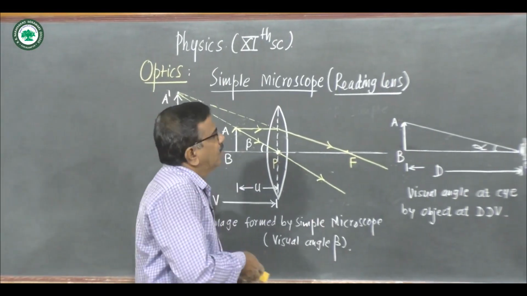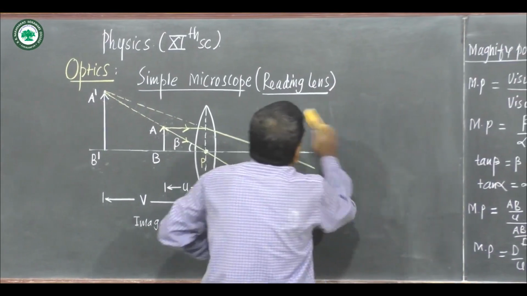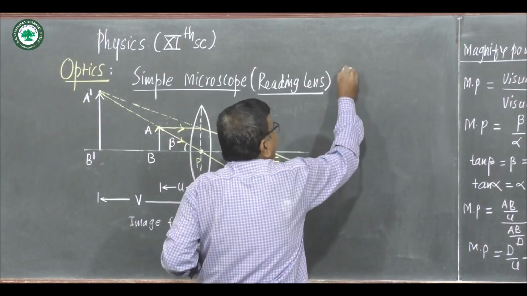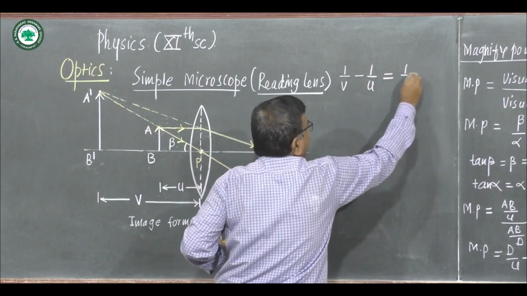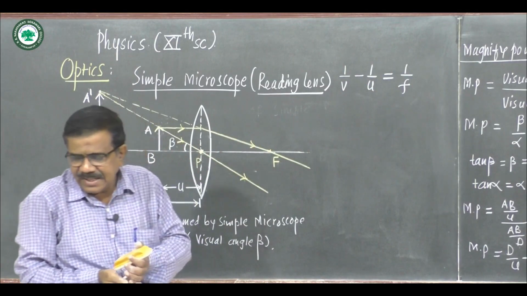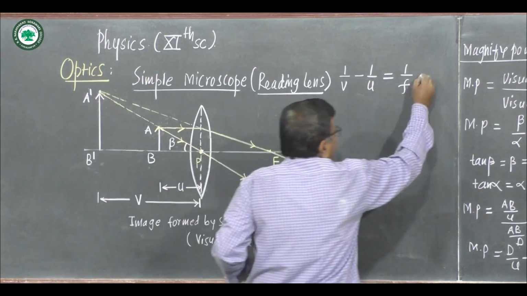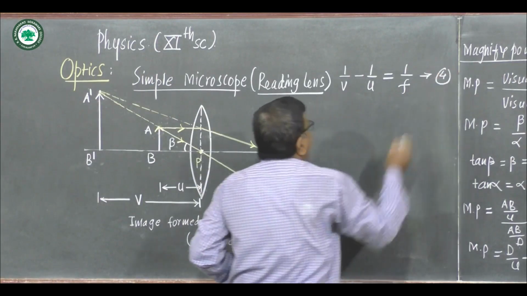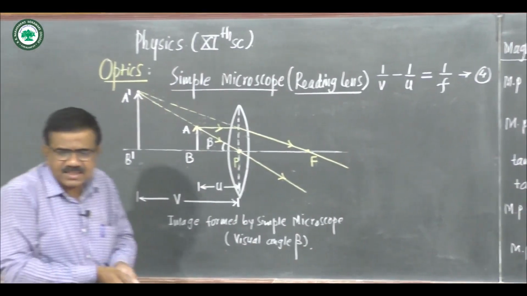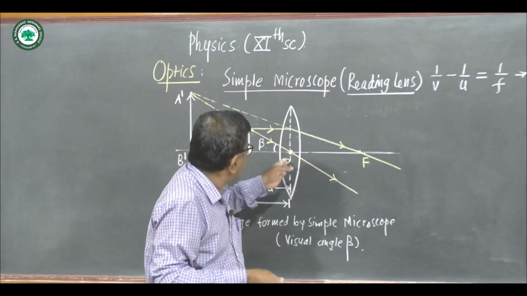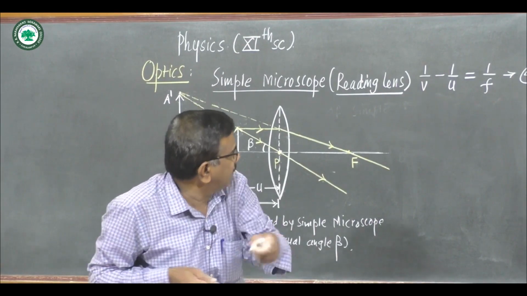Now here we know the lens formula. By the lens formula we know 1 upon V minus 1 upon U is equal to 1 upon F. Suppose this is the next equation. Here U and V are negative by the sign convention, but F is positive as it is a convex lens. Hence we write U and V are negative.